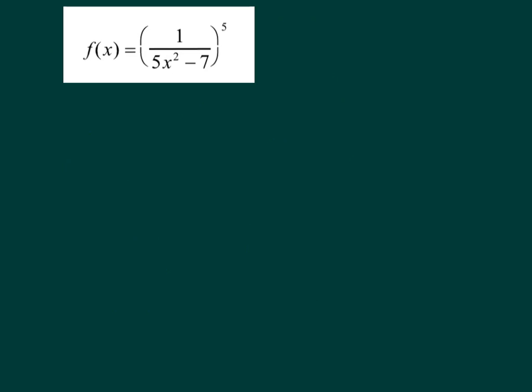Okay, as we approach this third one, remember, we've talked about that we want to always rewrite it so that we don't have this fraction, and so that we can recognize the powers very clearly. Okay, so I'm going to rewrite this as f of x equals, instead of having this 1 over 5x squared minus 7, well, that would be the same as 5x squared minus 7 all to the negative 1.